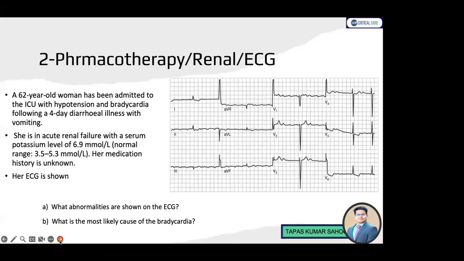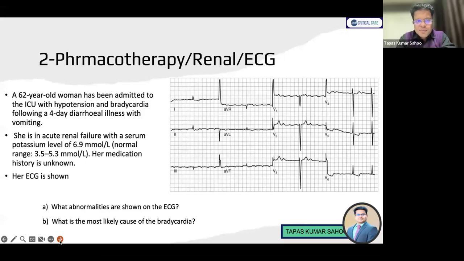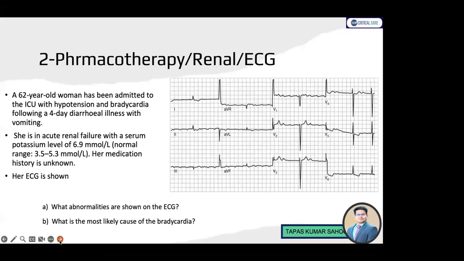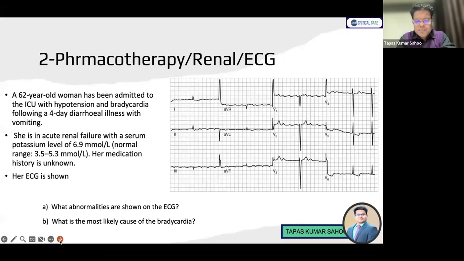The atrial P wave rate is more than the QRS complex, with narrow complex. As we can see here, the T inversion in the lateral leads, ST depression. Okay. So what is the most likely cause of these ECG changes?